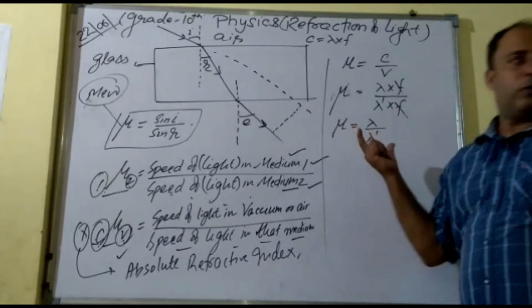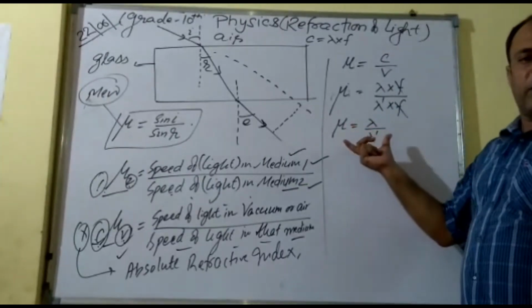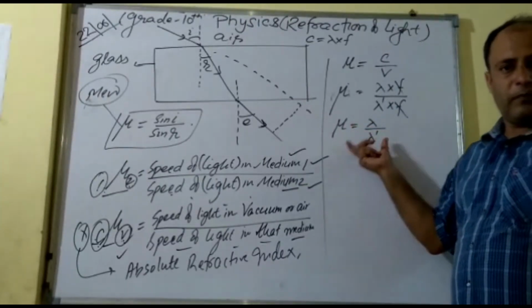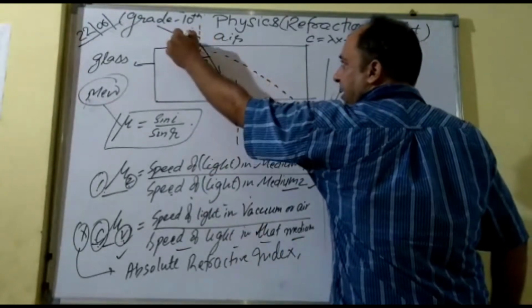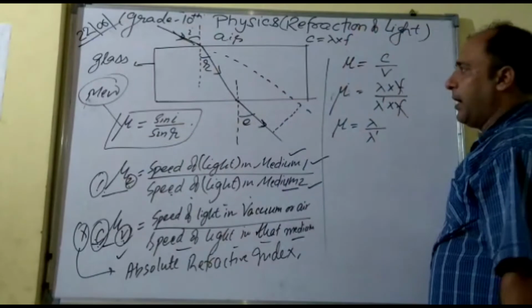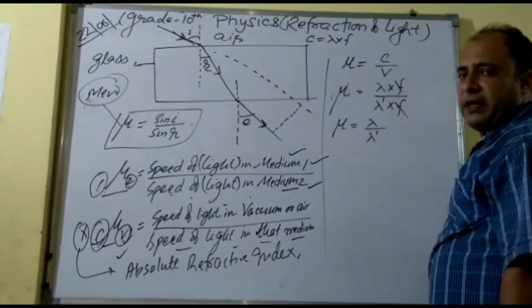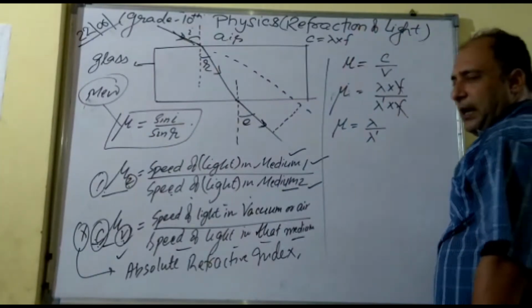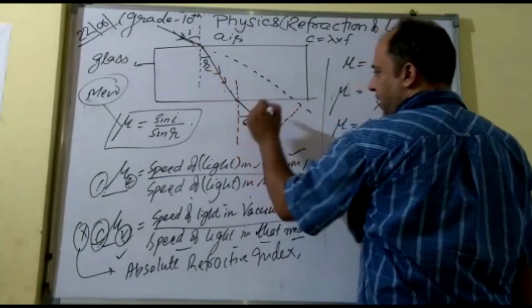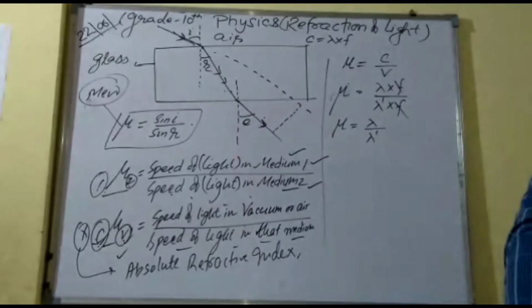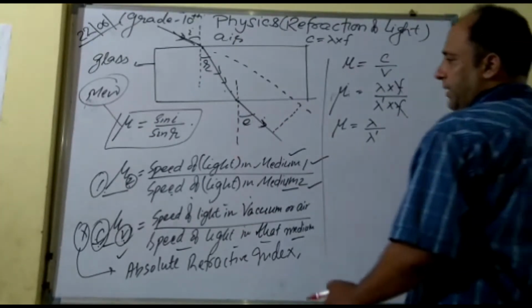Now, have you thought about something regarding this? What I said at the beginning: if light travels from a rarer medium to a denser medium, speed decreases. And if light travels from a denser medium to a rarer medium, speed increases. So how is it affected?